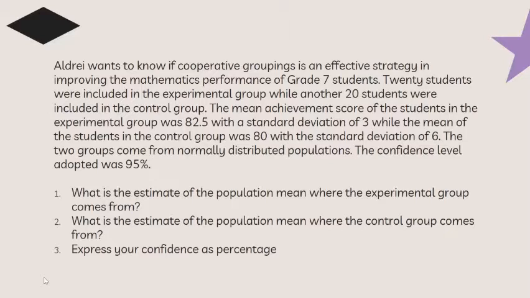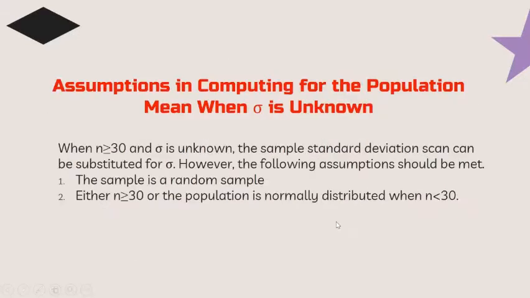In statistics, there is a method that we can use to compute the confidence interval for the population mean when your standard deviation, or your sigma, is unknown. However, there are assumptions to bear in mind. When n is greater than or equal to 30 and your sigma is unknown, the sample standard deviation s can be substituted for your sigma.